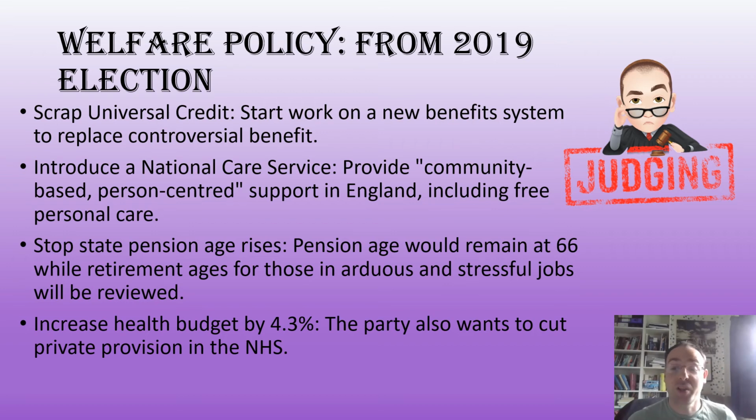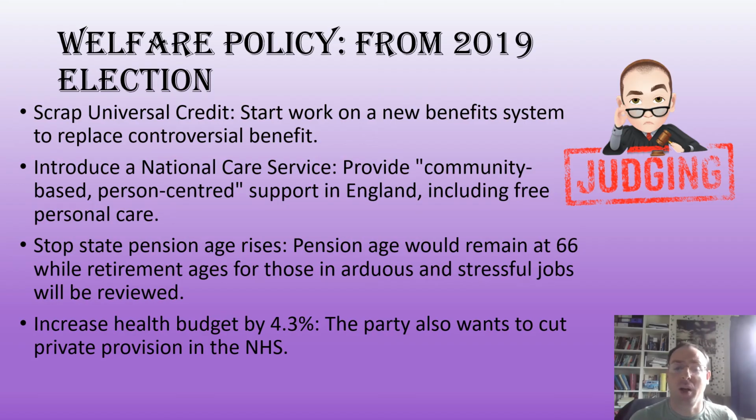A really, really potentially expensive one is the idea of stopping pension age rises, something that maybe won't concern you, but it's definitely something that will be attractive to those who are a bit older. That is stopping the pension age from creeping up, making a limit at 66, and then looking at the retirement ages for people in arduous and stressful jobs, and maybe reducing those.